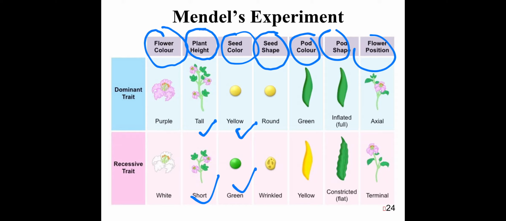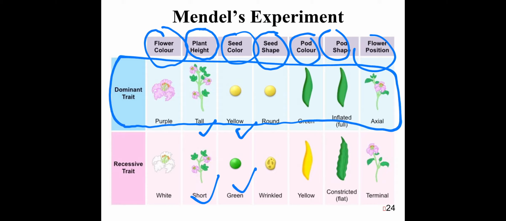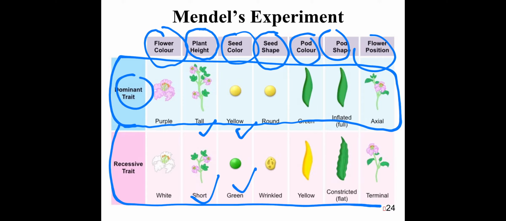So these are the criteria, the characteristics, the genes that code for different phenotypes. The ones in the blue box are the characteristics which are dominant, while the bottom row is the recessive trait. So this is what he observed and it is fixed.